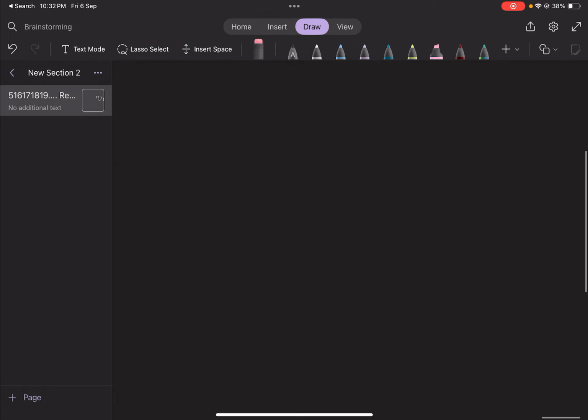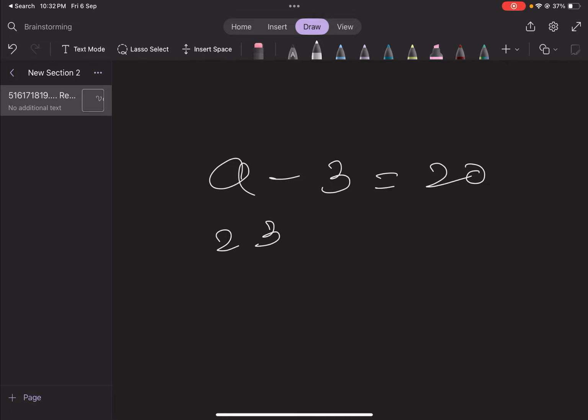Okay, let's take another: a minus 3 is equal to 20. So a should be what number, such that I subtract 3 from it and get 20 as the answer? Because it's an easy question, we get it: 23 minus 3 is going to be 20, right?